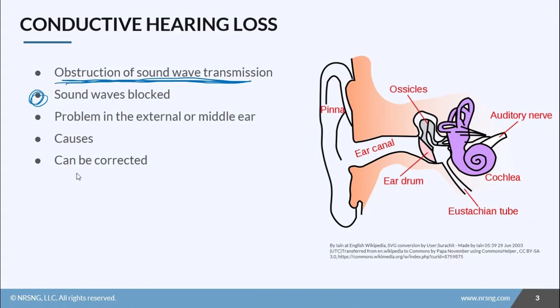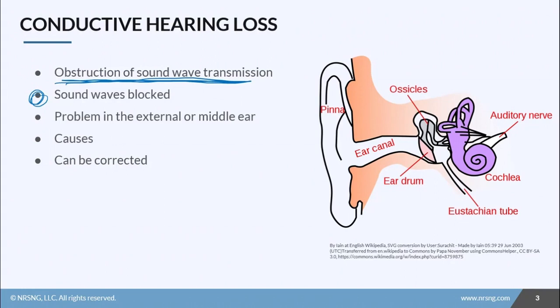So let's go ahead and talk about some of the common causes of this type of hearing loss. Like we said, it's caused by obstruction of the sound wave. So really any object that can cause obstruction in the ear can cause this. Cerumen or earwax or foreign bodies can cause this, and really these just cause inflammation or obstruction in the external or middle ear, which prevents sound wave transmission.